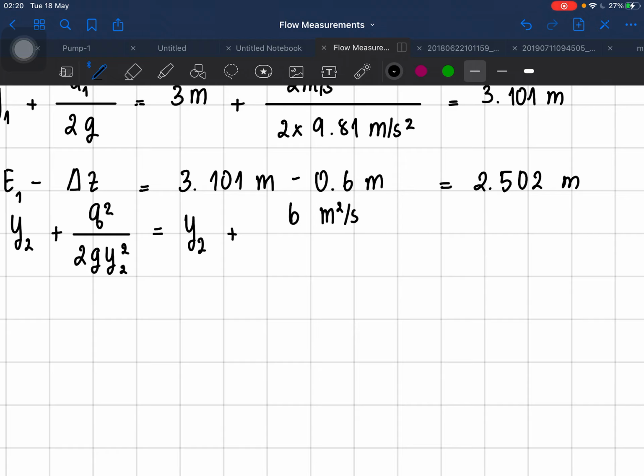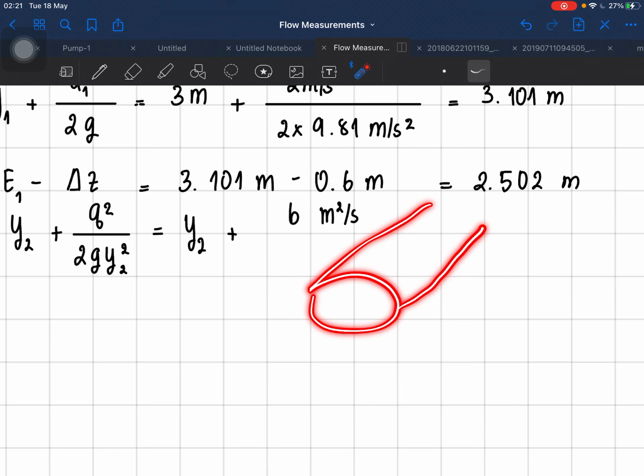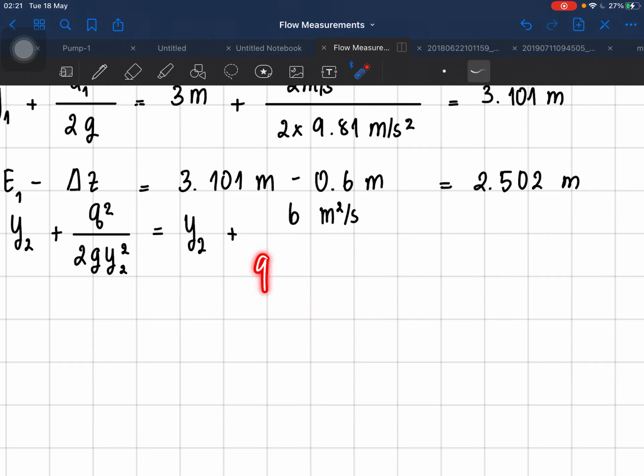It's like the flow rate, but it is calculated per cross-sectional width. Normally the flow rate is the velocity times the area, right? But this little q here is the velocity times the height.